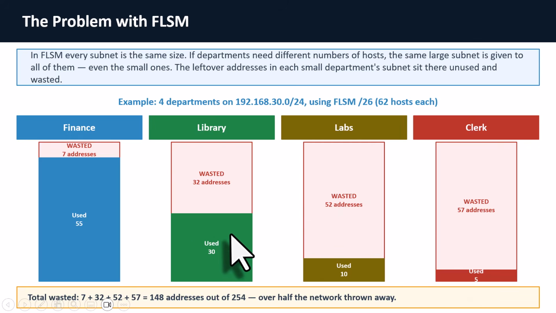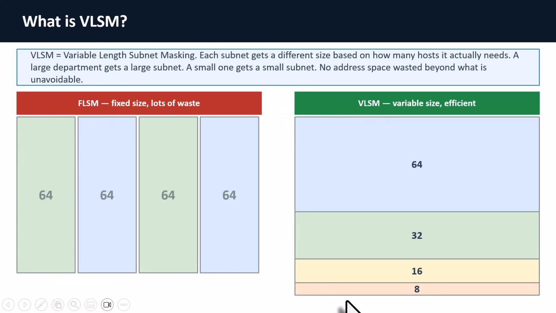So we are literally wasting about 148 addresses out of the 254 addresses available. Over half of the entire network is thrown away, and that is where variable length subnet masking comes in. It comes in to particularly solve this problem.